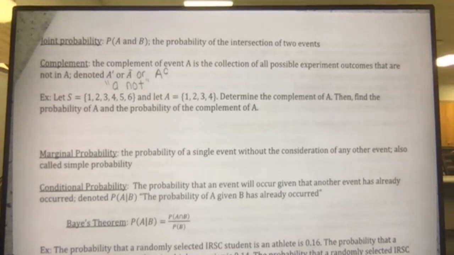So let's do an example of this. So it's whatever that's not in A. So if our sample space, if every option is 1, 2, 3, 4, 5, 6, and A is 1, 2, 3, 4, determine the complement of A, then find the probability of A and the probability of the complement.